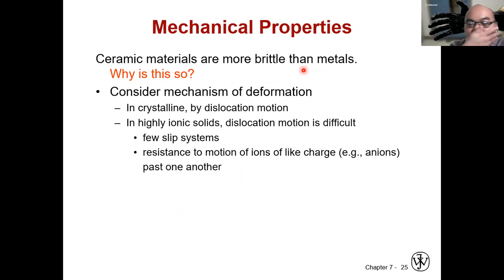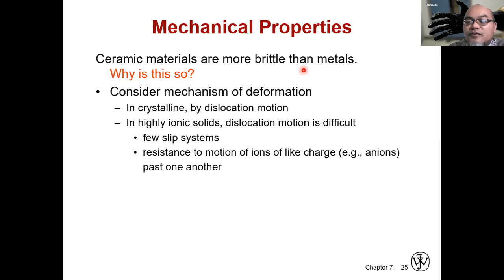Because most of the metals are crystalline, the deformation occurs through the motion of dislocations. This dislocation could be in the form of vacancy or interstitial. But in ceramics, which are highly ionic solids, dislocation motion is difficult because there are only a few slip systems.